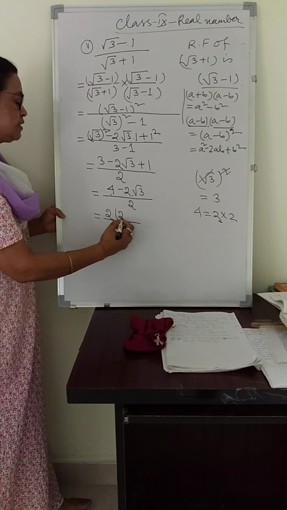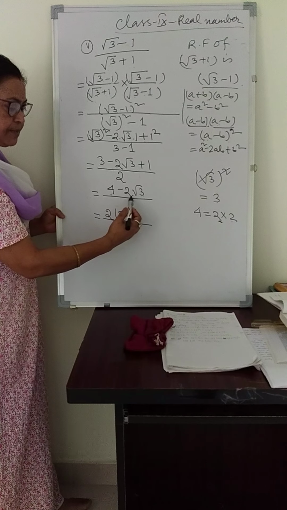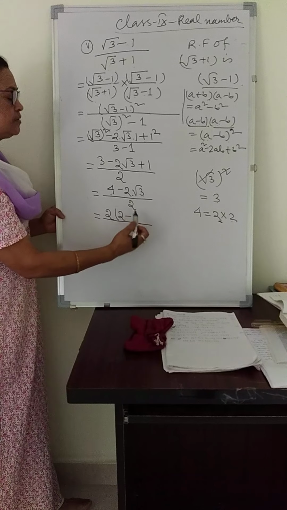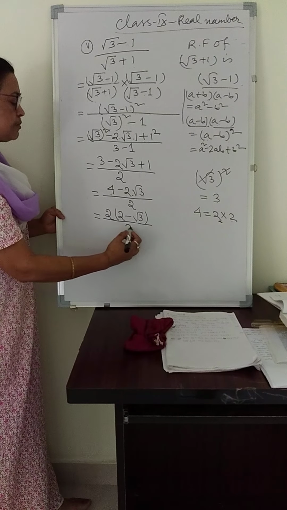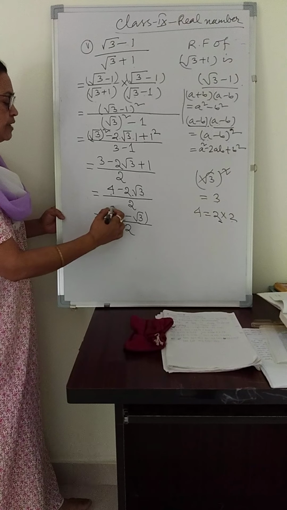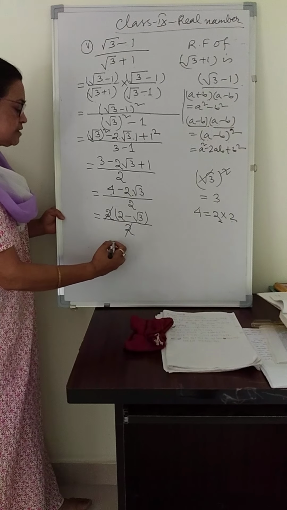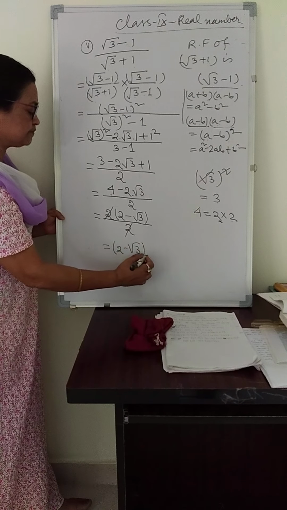So we write down the 2 minus. From here also we have taken 2 outside, so what is the remaining factor? That is root over 3. So next, by 2. So now we can cancel 2 by 2. So what is our answer? 2 minus root over 3.